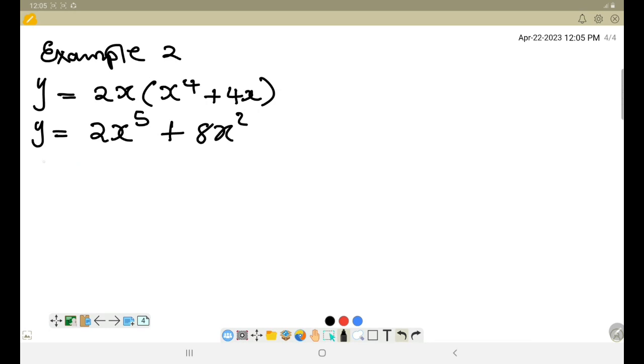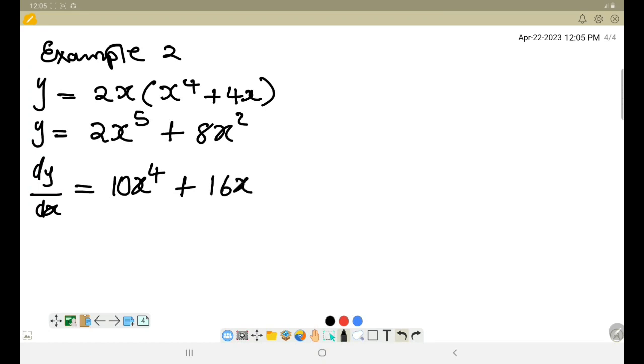So now we can differentiate using the power rule. dy/dx equals, bring down the 5 and multiply by the 2, we get 10x to the power 4. We bring down the 2 and multiply by the 8, and then we will get 16x.